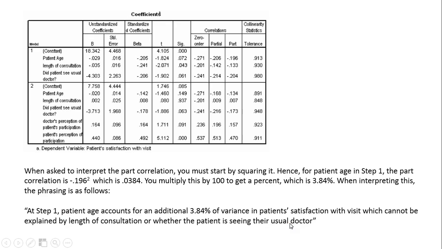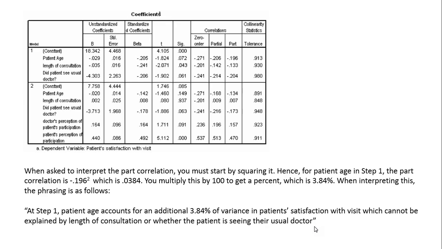Okay, so just make sure you don't say at step 1 patient age accounts for an additional 3.84% of the variance in patient satisfaction with visit, which cannot be explained by the other predictors. Make sure you actually spell it out. This is a technical document, so at step 1, patient age accounts for an additional 3.84% of variance in patient satisfaction with visit, which cannot be explained by length of consultation or whether the patient is seeing their usual doctor.